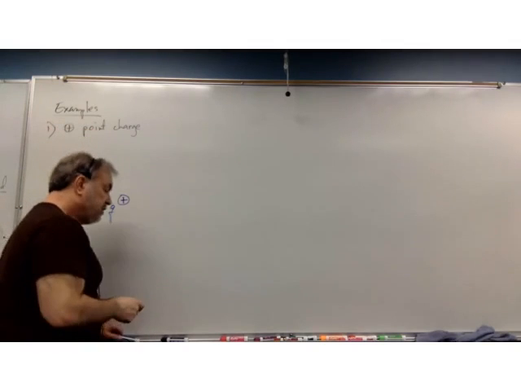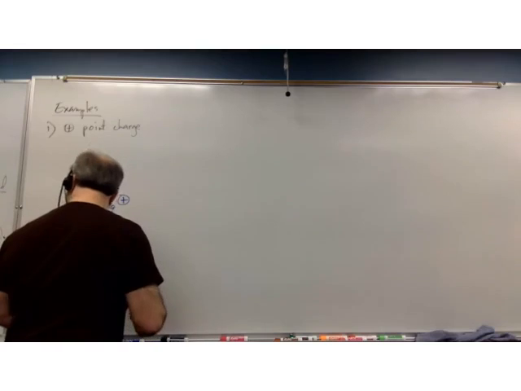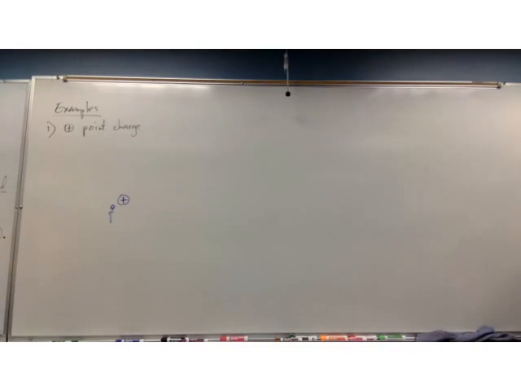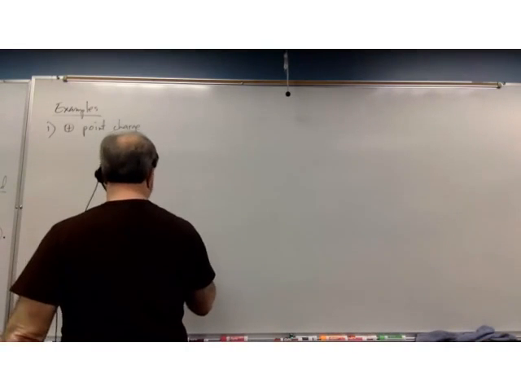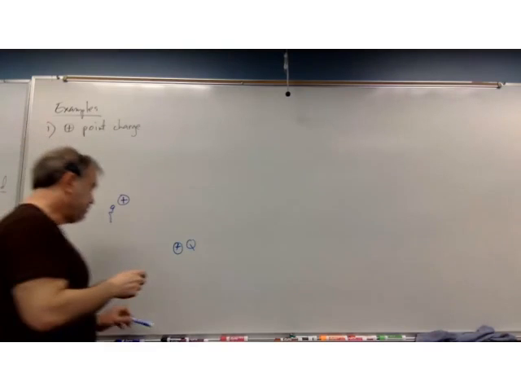The essential idea is this. If I were to put a test charge somewhere, let's say a random place here, so there, okay? So capital Q would be a test charge.